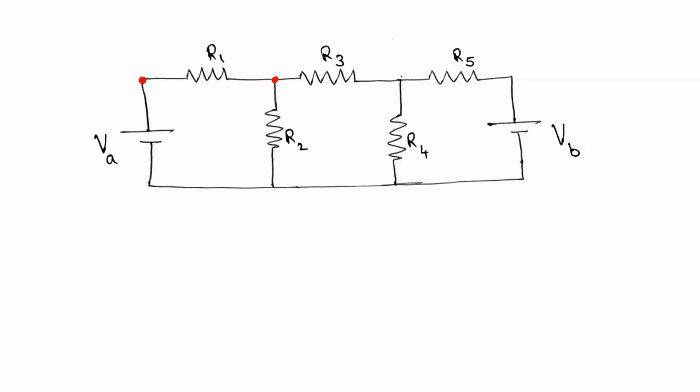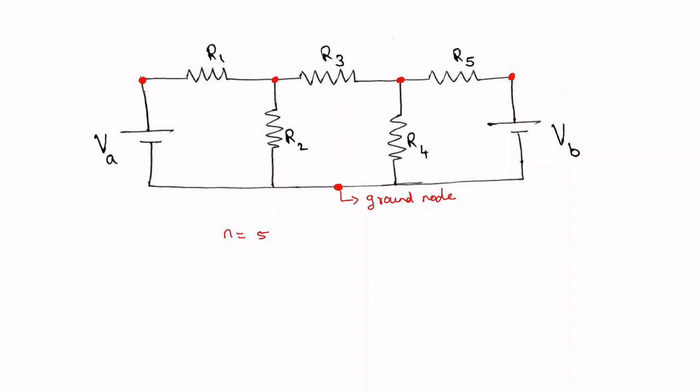So here this is also a principal node where R3, R5 and R4 meet, and this is a node where R5 and VA meet, and this is a juncture where VA, R2, R4 and VB all meet together. So this node is also called the ground node. So in this circuit there are totally 5 nodes.